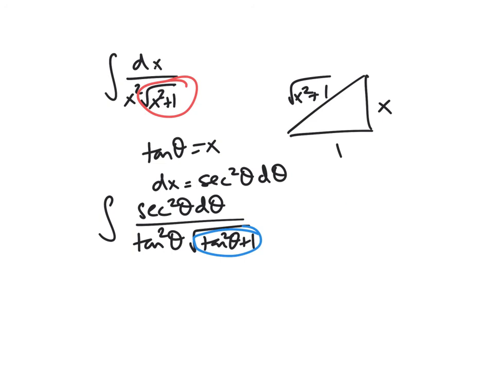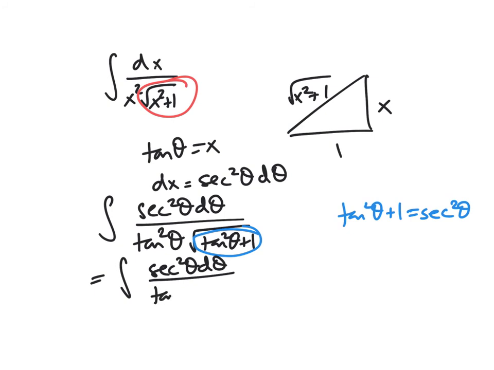So tangent squared plus 1 is equal to secant squared. So simplifying, this is going to be secant squared theta d theta all over tangent squared theta times square root of secant squared, which is just secant. So 1 power of secant goes away. And now all we have to do is figure out how to finish this off.